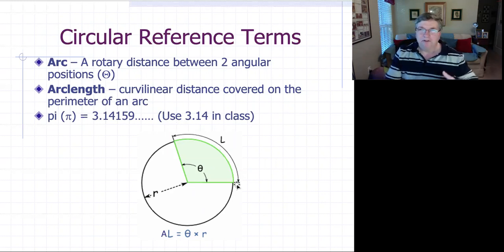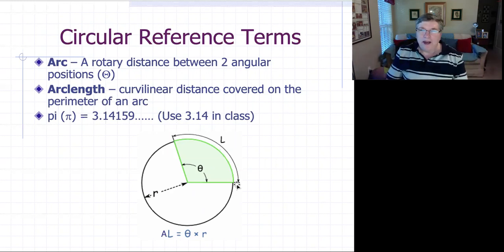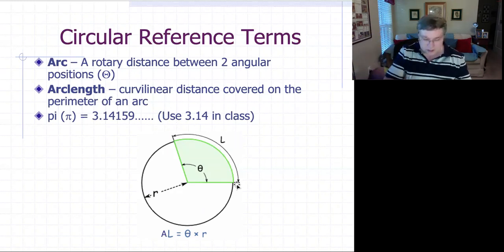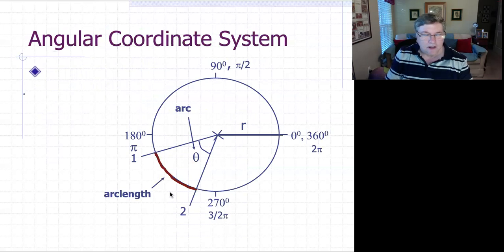So it's an advantage for pitchers, softball pitchers, fast pitch softball pitchers, and major league pitchers to have long arms and long legs. That actually helps a great deal. Gives you a longer arc length, and that means faster speed at the hand or the club head or the tennis racket. So the arc times the radius, that gives us the arc length.